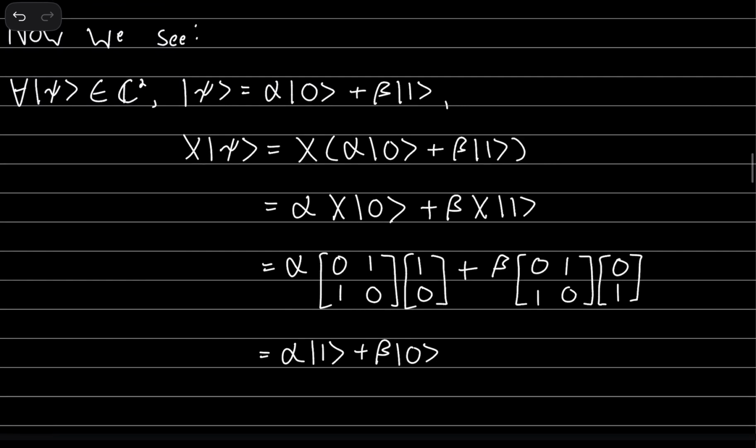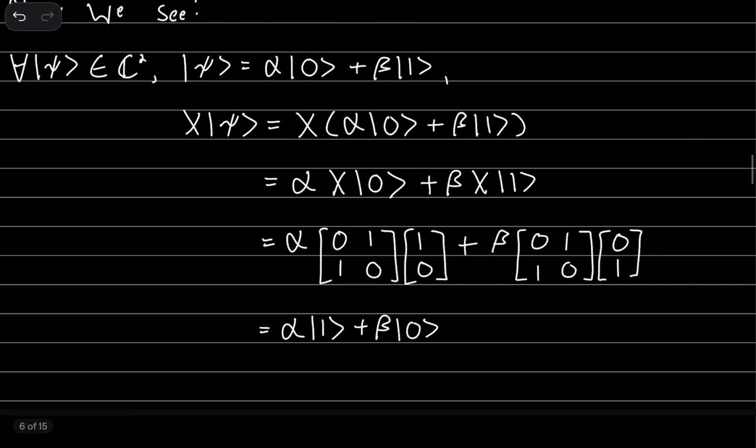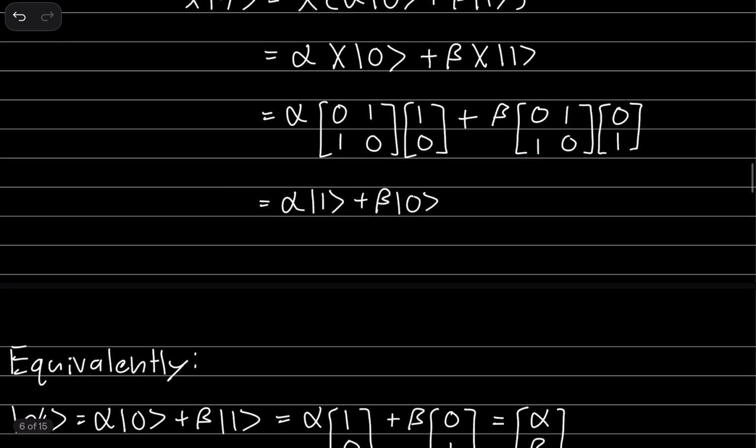Then we can expand X into a matrix and expand these kets into vectors. We see that ket 0 has flipped into ket 1, and ket 1 has flipped into ket 0, exactly as we expected.